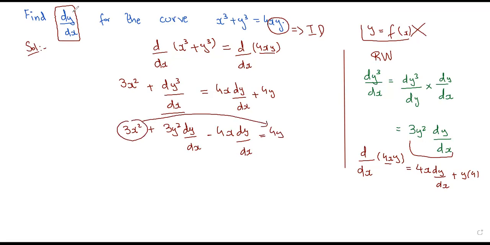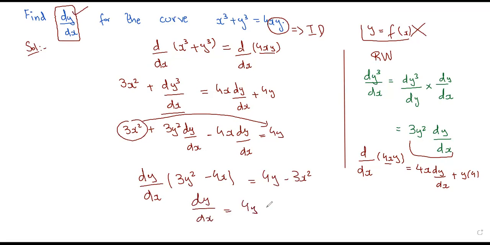Because this is what I was asked to find. So I can take dy by dx common. 3y squared minus 4x, 4y minus 3x squared. So I'll be left with dy by dx equals 4y minus 3x squared divided by 3y squared minus 4x is the answer.